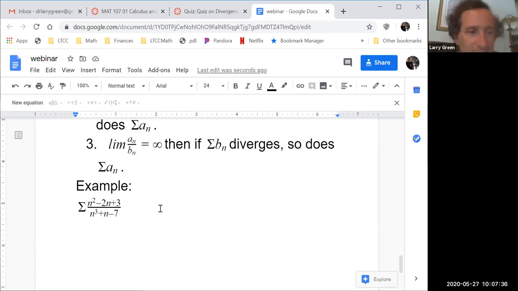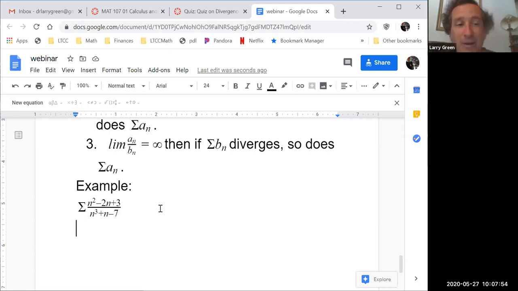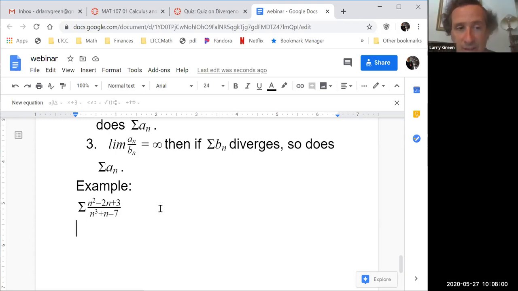All right, so you look at this, and what you do is you say, what does this look like in the limit? Can I make this a lot simpler, and it'll be basically the same idea. It'll be slightly off, but not by much. You could look at n squared over n cubed. But even better, what's n squared over n cubed? 1 over n. Yeah, we can look at the harmonic series.